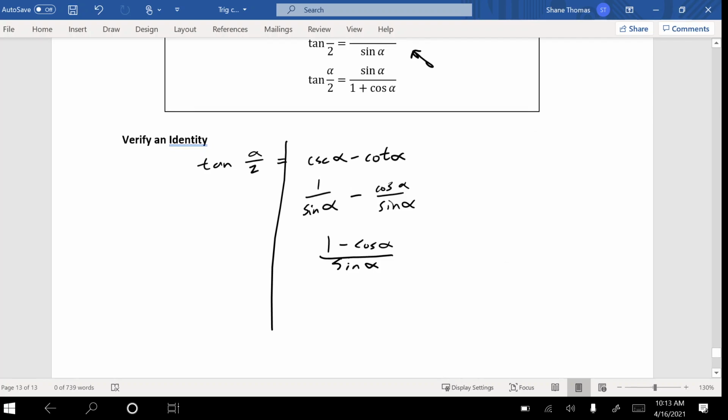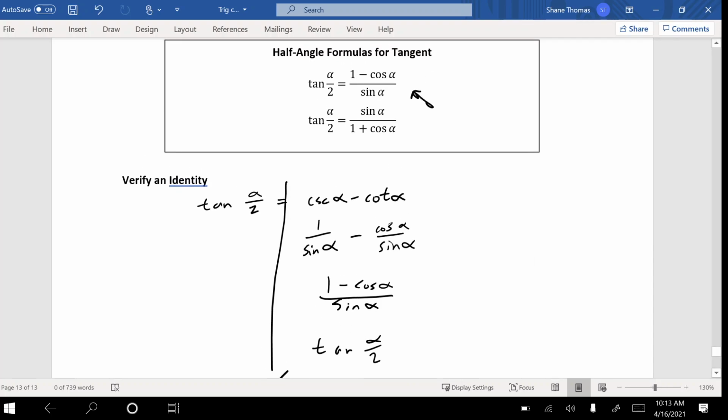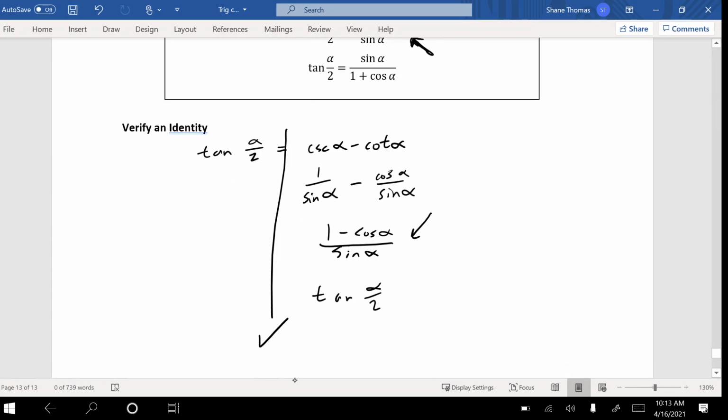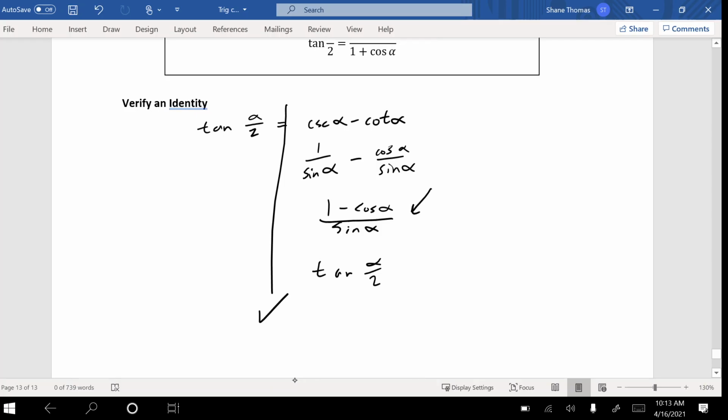So therefore, this will be the tangent of alpha over 2. Boom. You with me? It matched the formula? Yep. So then I was able to replace. Does it match the half angle formula? All right. Questions?